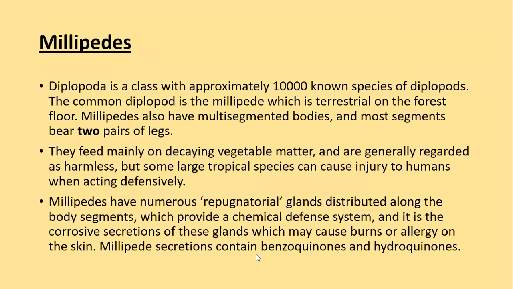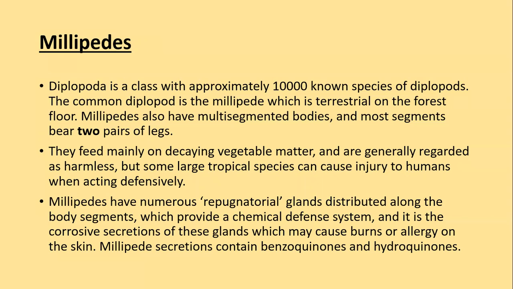Then millipedes. Diplopoda is a class of approximately 10,000 known species of diplopods. The common diplopod is a millipede, which is again a terrestrial worm found on the forest floor. Millipedes also have multi-segmented bodies, and most segments bear 2 pairs of legs.